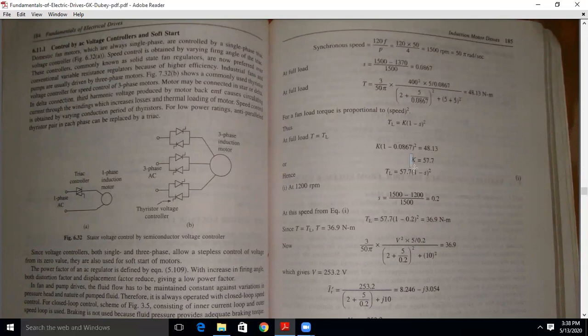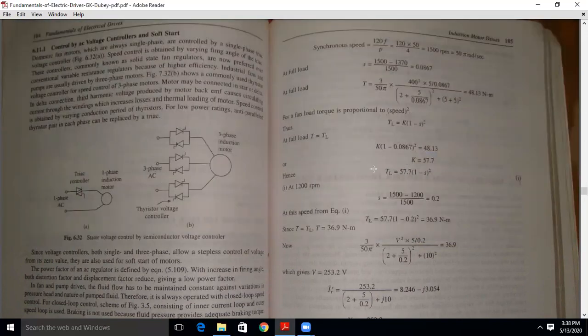So now this K is 57.7. Hence TL is 57.7 times (1 minus S) square. This is the TL equation, which we can call equation number 1. So at 1200 RPM, S will be (1500 minus 1200) divided by 1500, which is 0.2.